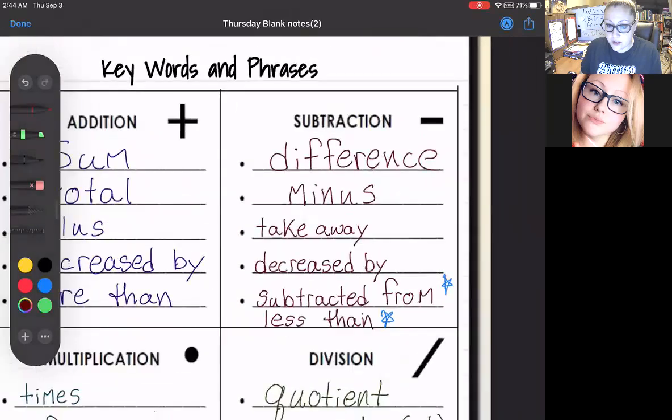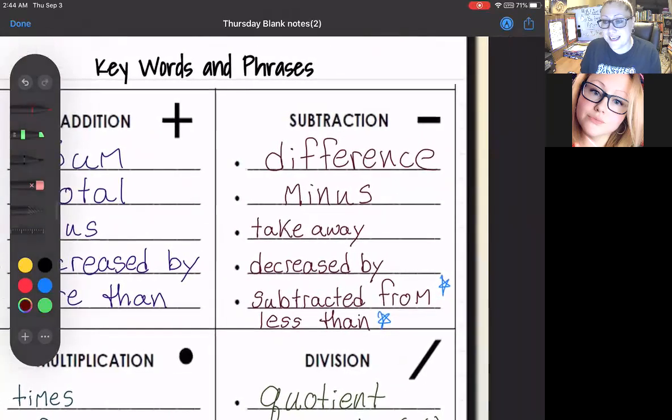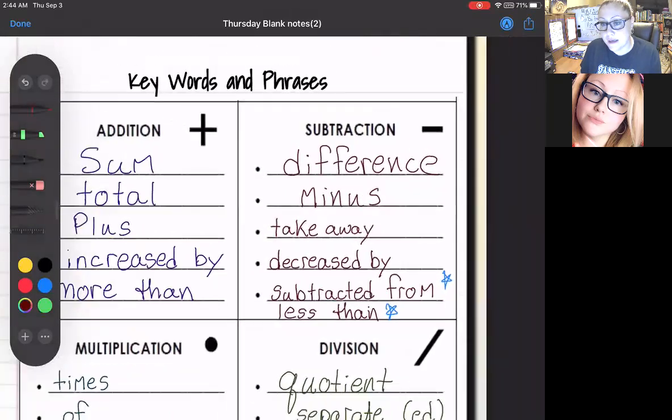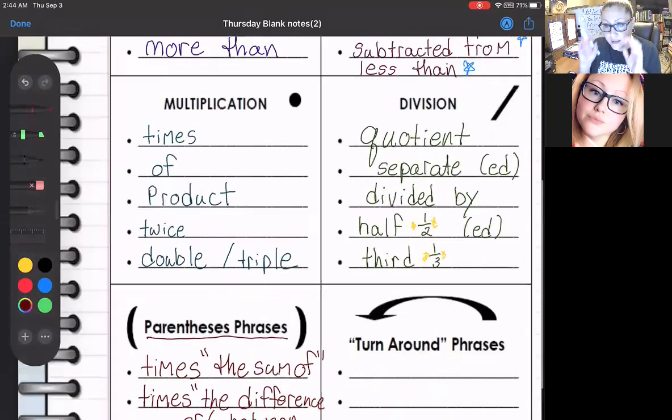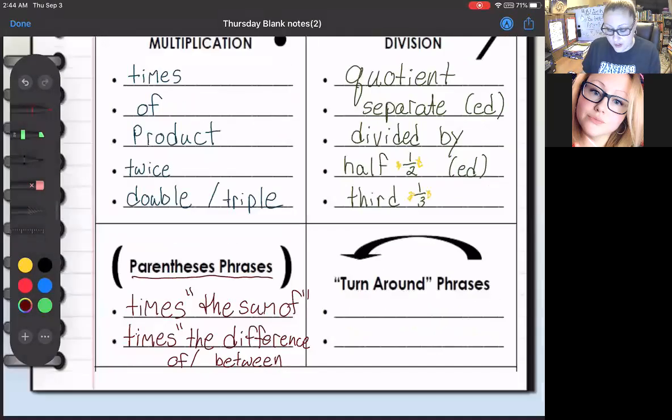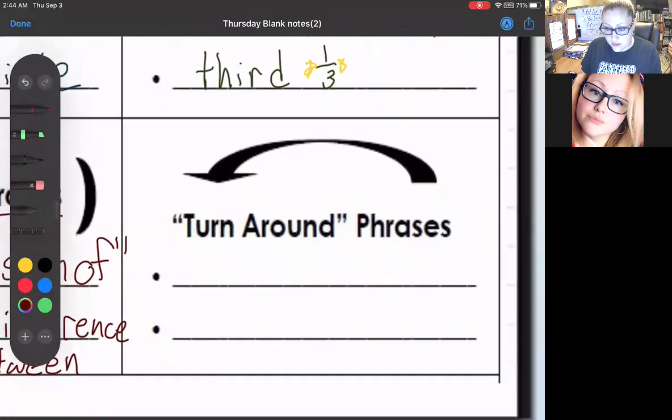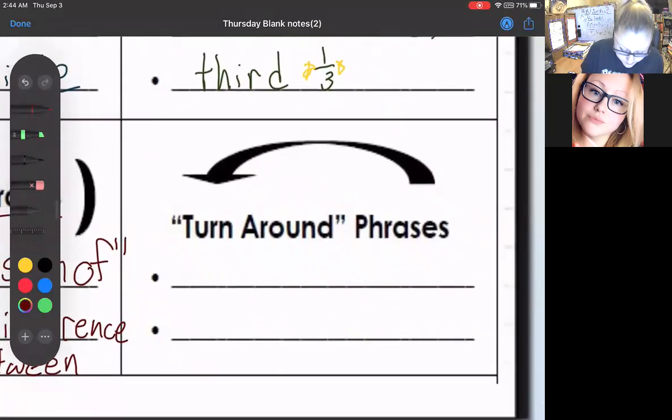But remember we talked about subtracted from and less than or decreased by, and how it really depended on the way that it was phrased? Turnaround phrases is very much like that. And so turnaround phrases, less than and subtracted from.